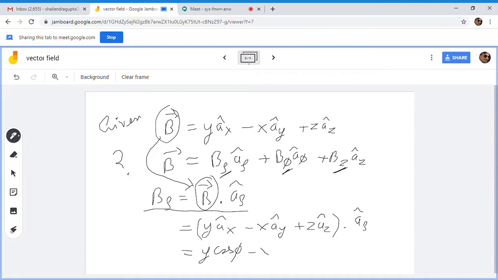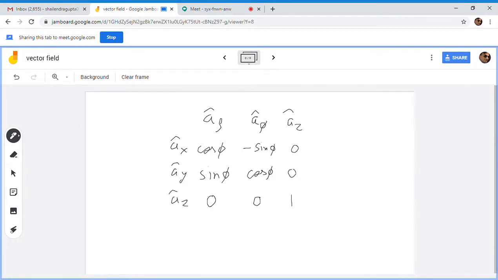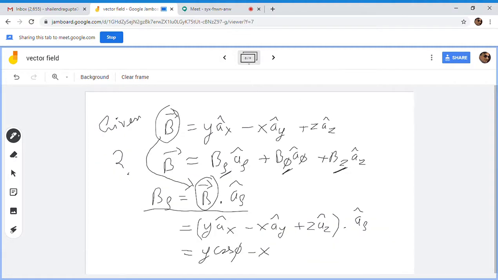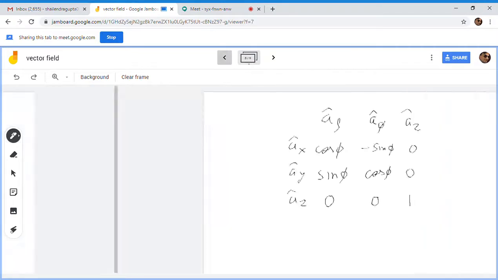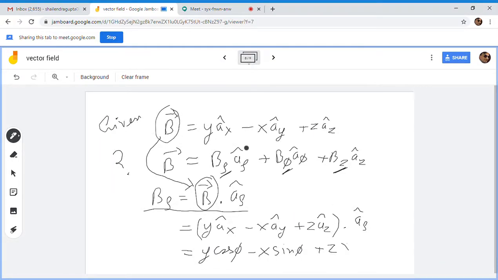Minus x, and ay dot a rho is sin phi, so you can write here sin phi, and plus z into az dot a rho. az dot a rho is 0, so it will be multiplied by 0.